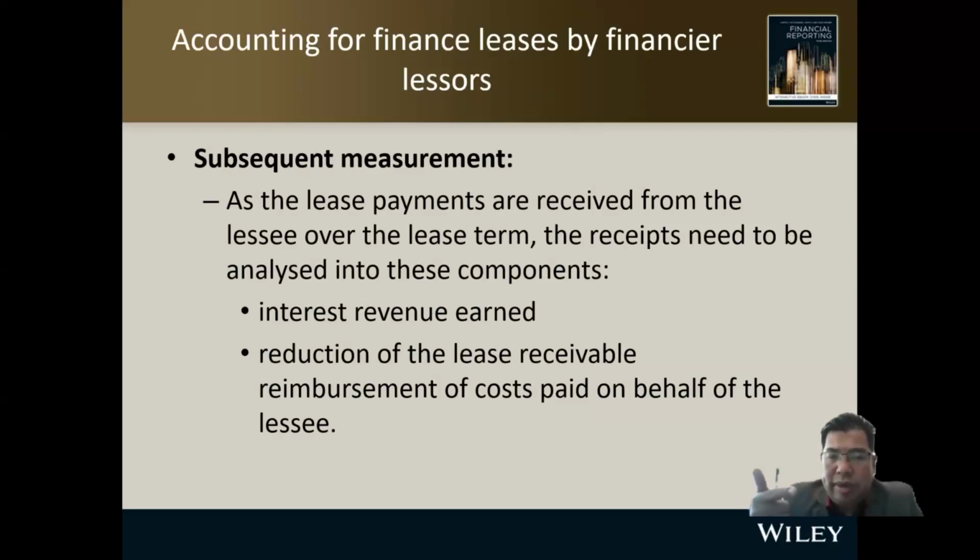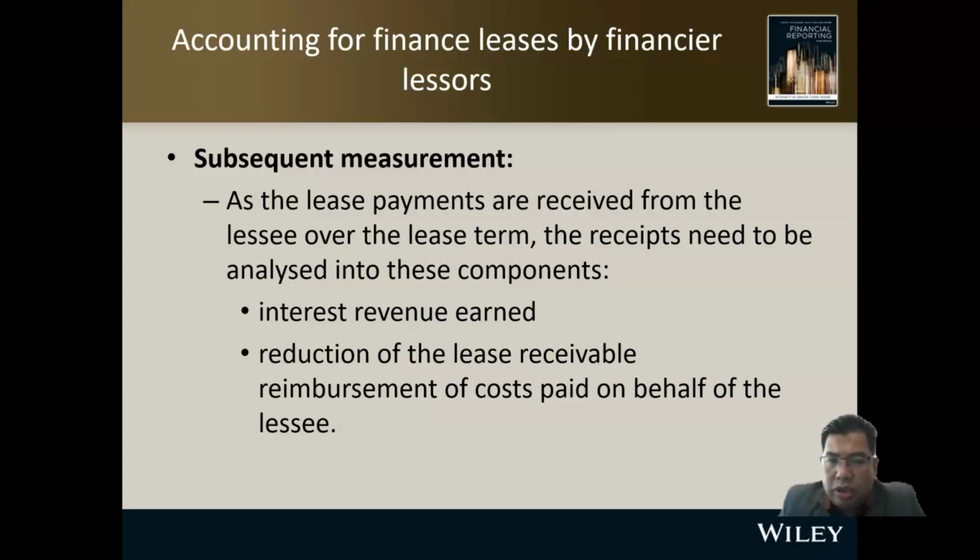For the subsequent measurement, as the lease payments are received from the lessee over the lease term, the receipt needs to be analyzed into two components. When we made the accounts for the lessee for the amount of 22,000, we had to break it into the interest component as well as the reduction in liability component.